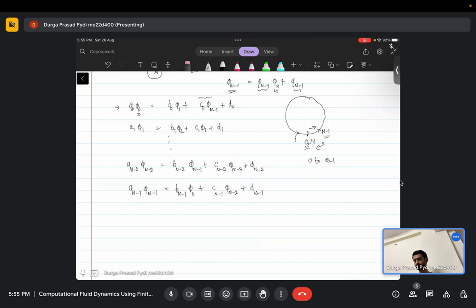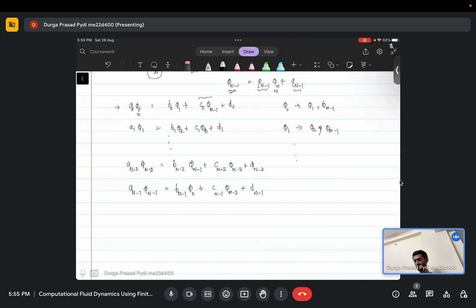if you try to write phi 0, phi 0 will essentially be a function of both phi 1 and phi n minus 1. So now phi 0 I will express as phi 1 and phi n minus 1. So phi 1 will be a function of phi 2 and phi 0.